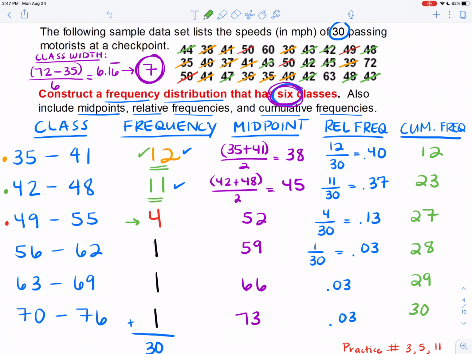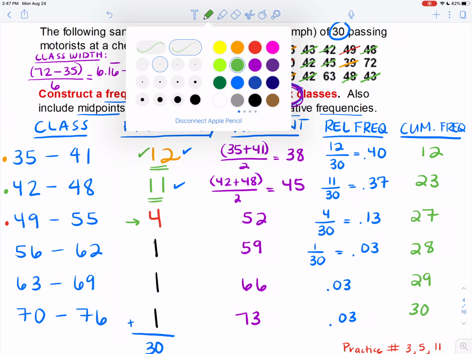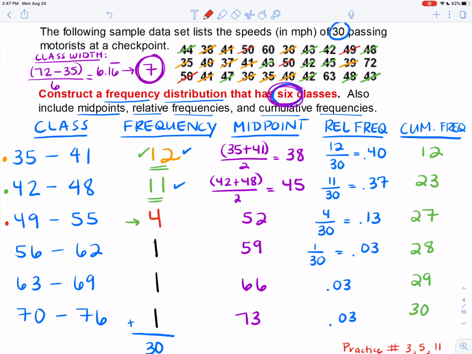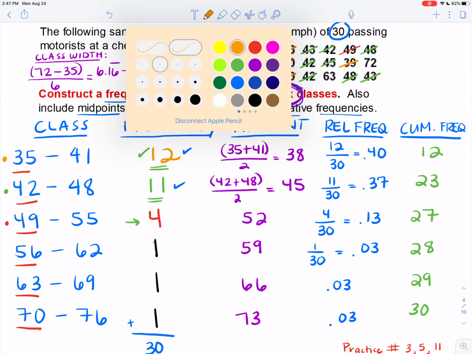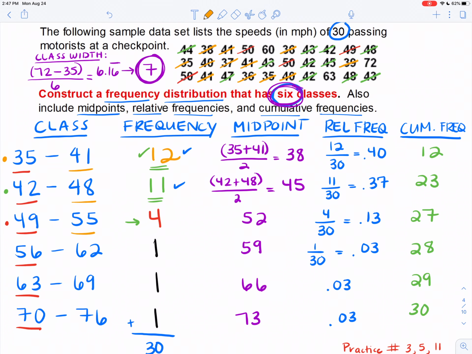But be careful in how this is asking for your answer, because lower limits are all these values right here on the left-hand side, and it's going to ask you to put in all your lower limits first. Then upper limits, those are the values up here, and you're going to be asked to put those in separately. So pay close attention to the instructions and how that is worded to make sure that you're putting the answers in the correct format.